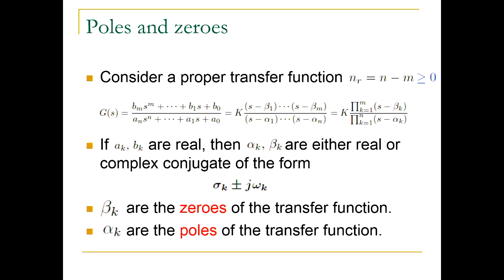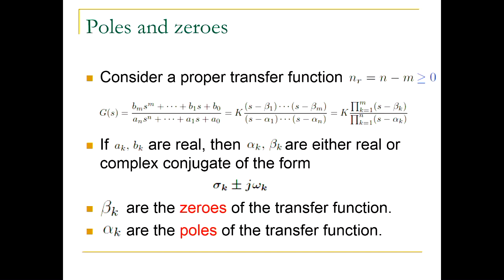Now, partial fraction expansion residues will depend on both poles and zeros. Residues in the expansion depend on both poles and zeros, as well as this constant k, right? And then the denominators in the partial fraction expansion depend only on poles.